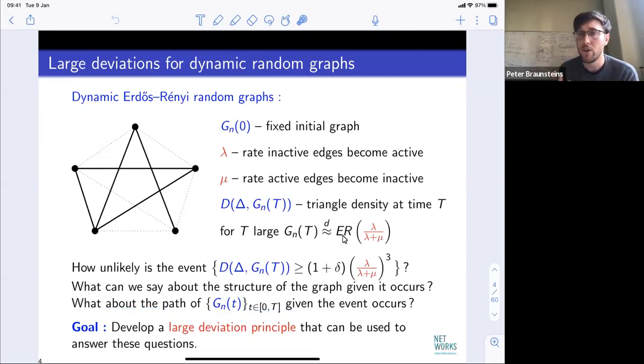We might know that the graph has a specific structure at time capital T, but then it has to take some kind of path to get to that value. So we can ask questions about that path using sample path large deviations. Our goal in this talk is to develop a large deviation principle that can be used to answer these questions, and we're going to come back to these three questions in the talk.